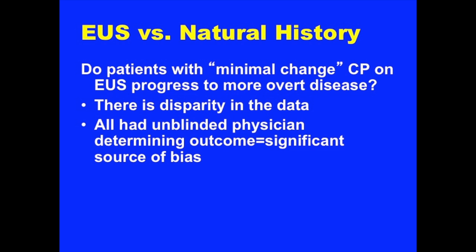But there is disparity in the data, different universities reporting different types of data. The problem with all of these studies has been that they are performed by an individual who is unblinded to the data, and this is a significant source of bias in these types of studies.